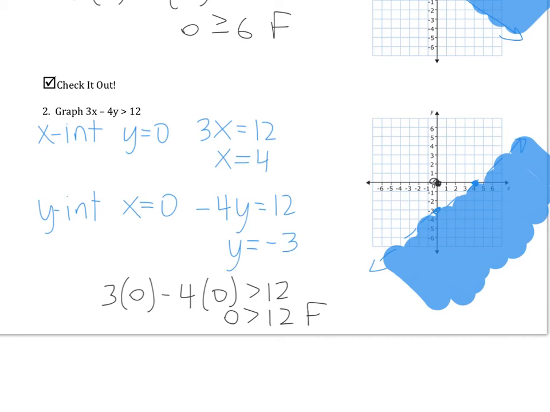Dashed line because it is only greater than, no equal to. You can test 0, 0 again. You find out that it's false. And you shade the region then away from 0, 0. And that is the first part.